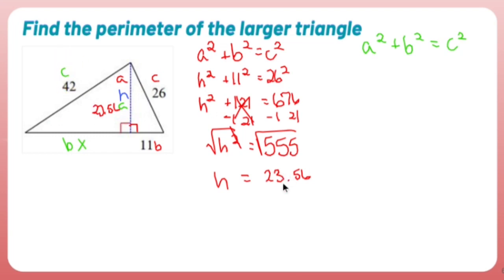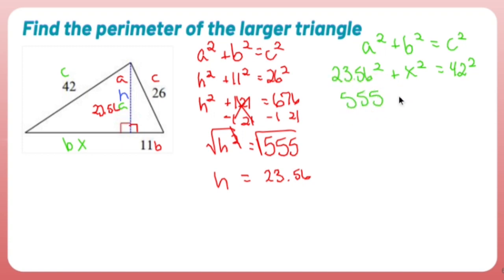So a is 23.56 squared plus b, which is x squared, equals 42 squared. Before you reach for a calculator, we know what 23.56 squared is. It's 555. We just did that.